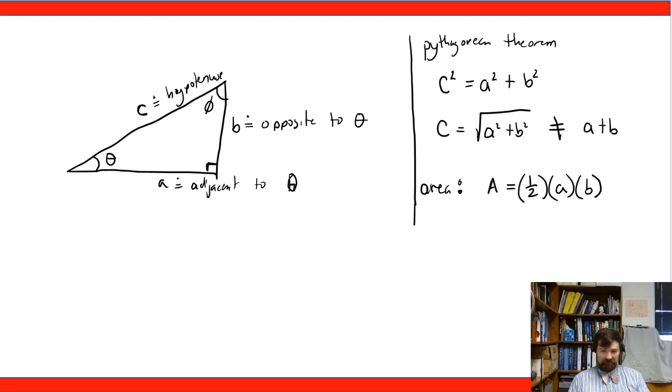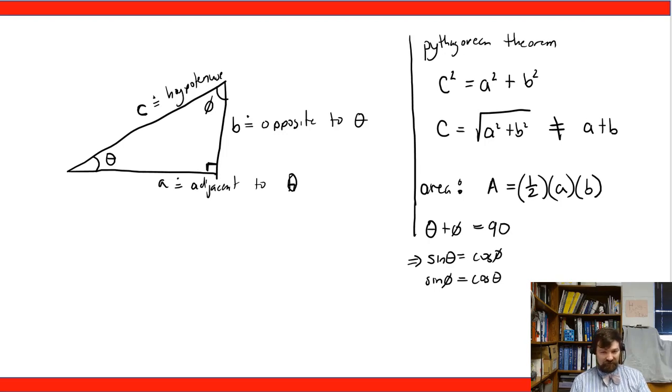So another property here, angle theta plus angle phi must add up to 90 because all three angles within any triangle add up to 180. So one of the angles is already 90 degrees, the other two angles have to add up to 90 degrees. This means, for what it's worth, that their sines and cosines are equal. So sine theta is cosine phi, and sine phi is cosine theta. That's a consequence of this relationship.